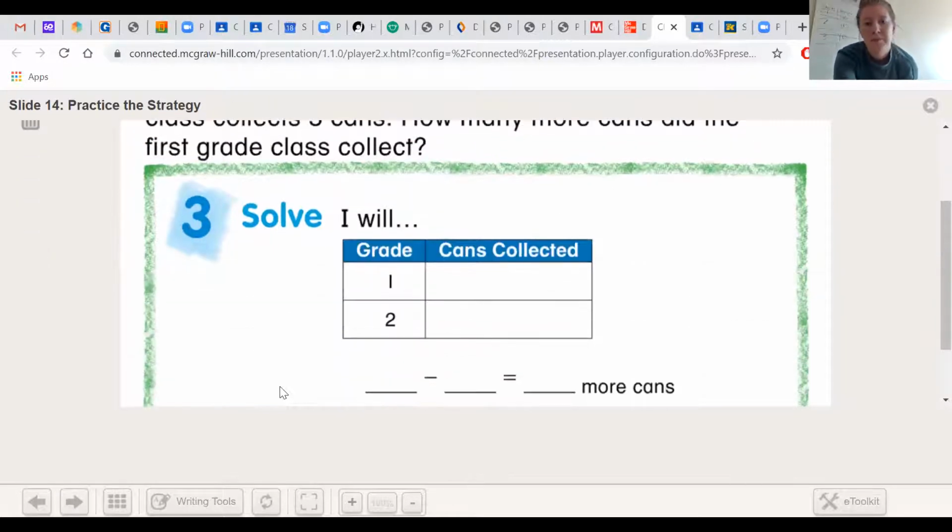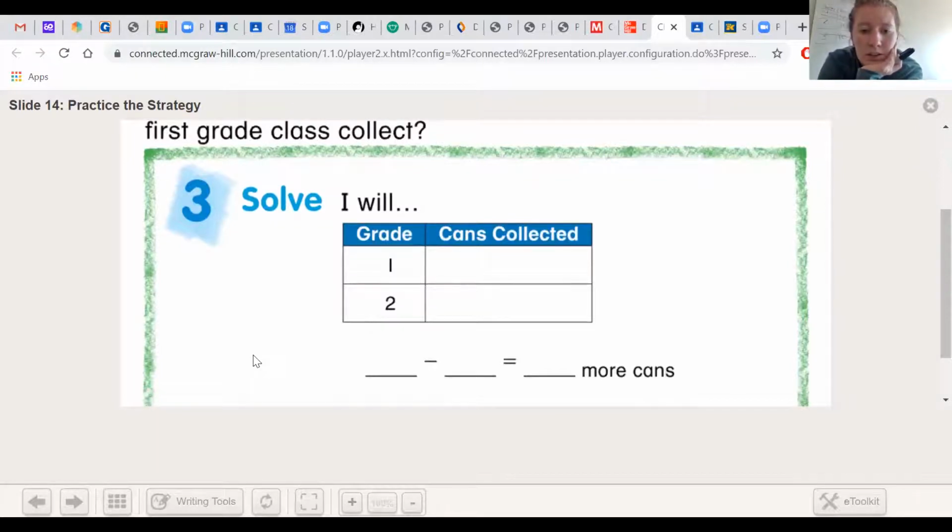Here we go. Okay, so how many cans did the first grade class collect? Let's look back at our question. 11 cans. So you can write 11 on your worksheet. How many cans did the second grade class collect? 5. So you can write 5. And now our job is to find the difference.